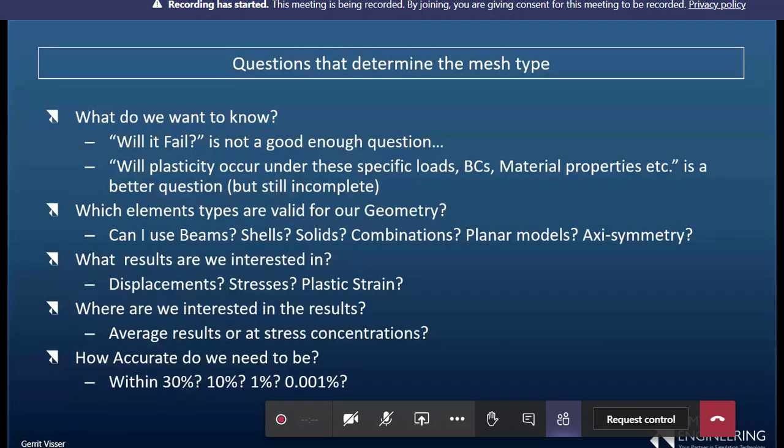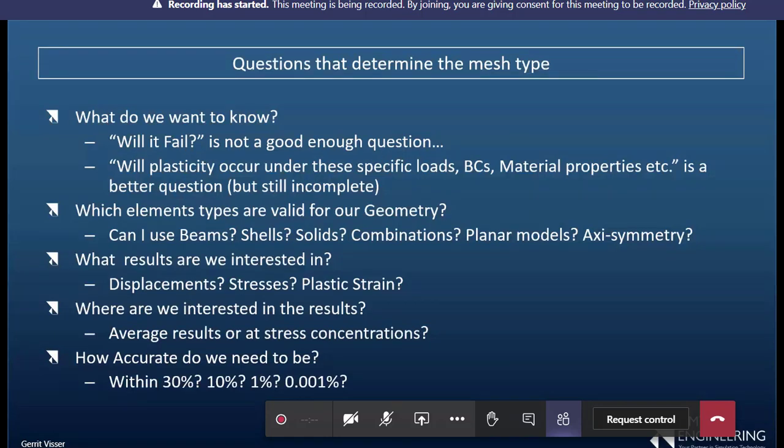In some cases, we need to be really accurate. So we may need 1% or 0.001%. If you're experienced in finite element analysis, you'll know 10% is not that hard to hit. Depending on the model, there are some models that are actually harder to get to 10%. 1% is pretty easy to get if your load is well defined, your boundary conditions are well defined, your material properties are well defined, and it's a single part.